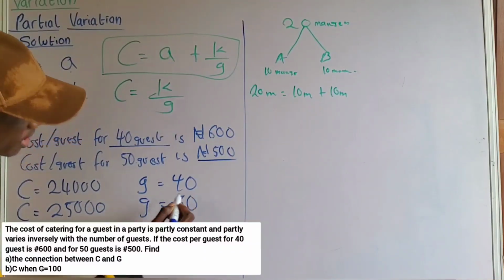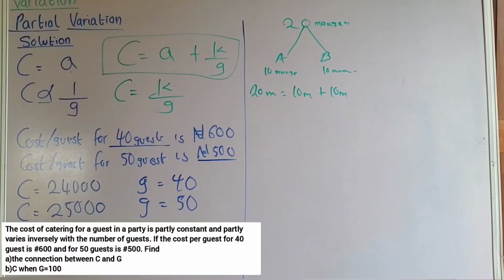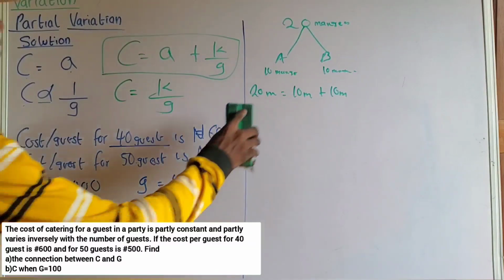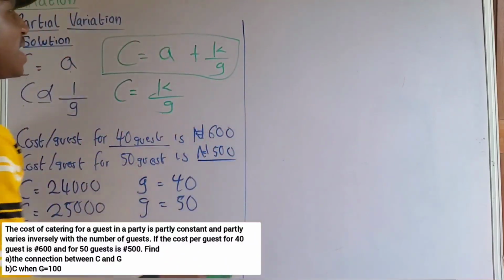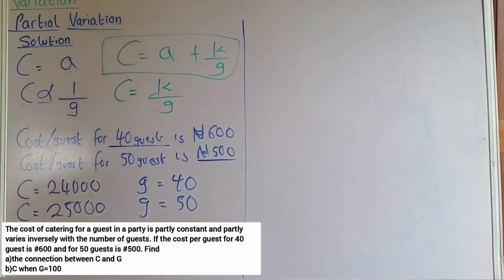Okay, you can see how I interpreted the question. If you didn't pay attention to the details of the question, you might get the answer wrong. So don't go and use 600 naira equals 40. If you use that, you're not going to get the correct answer. Okay, so now we can now solve for the value of A and K.